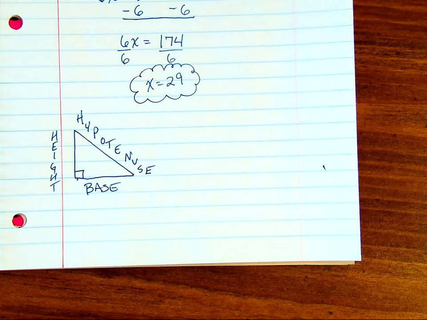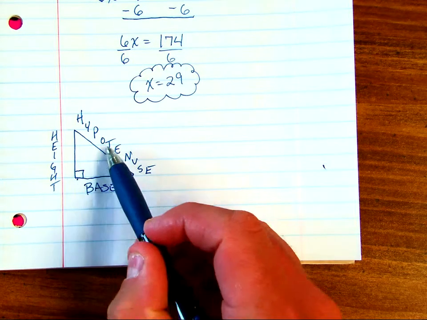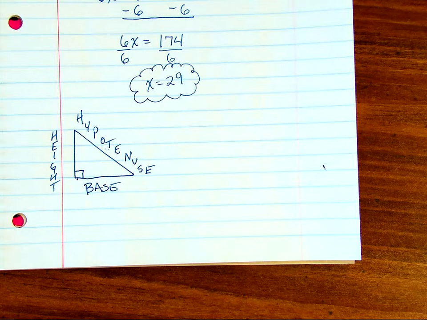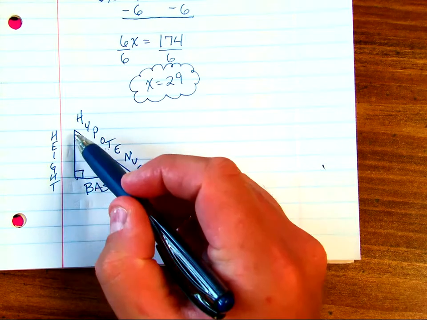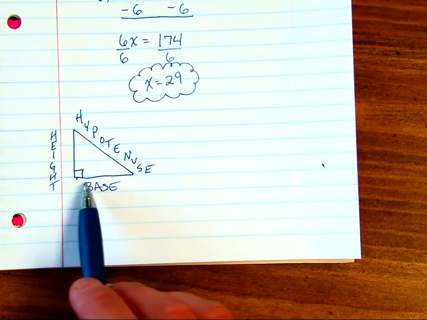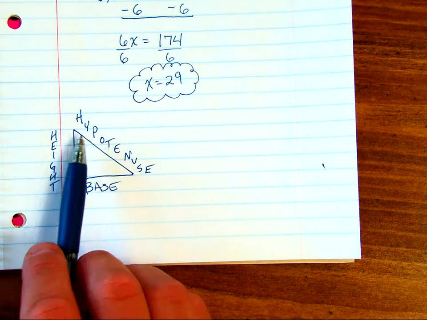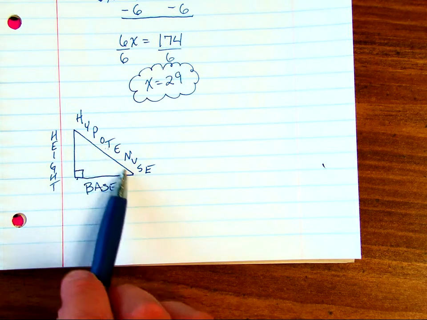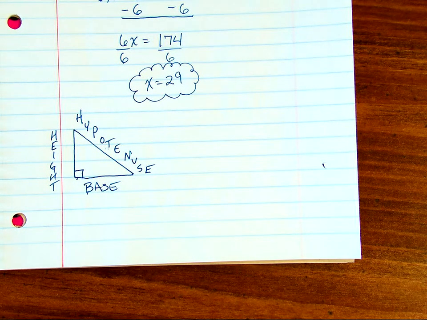It's called the hypotenuse. I have no idea really where that word comes from. I just know the side opposite the 90-degree angle is called the hypotenuse. Okay? So we have the vertical side is called the height, the bottom is called the base, and the side opposite the 90 degrees is called the hypotenuse.